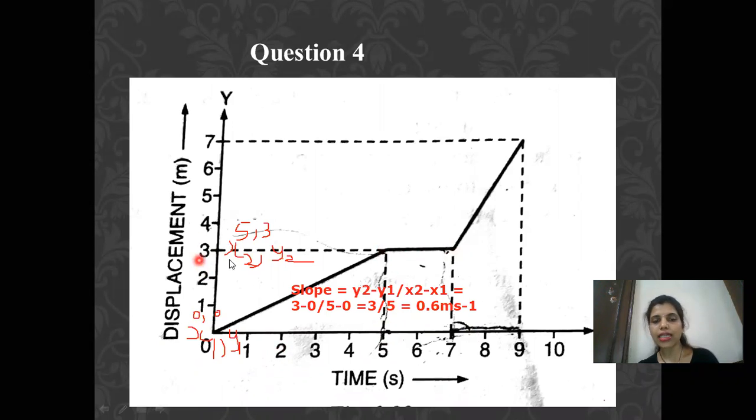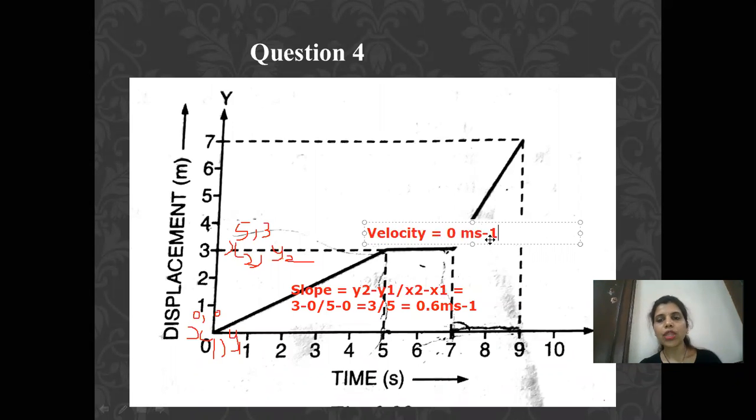As you can see, the displacement is the same, so velocity is going to be 0. The slope is going to be 0. So here you write down the velocity value: velocity is equal to 0 meter per second.